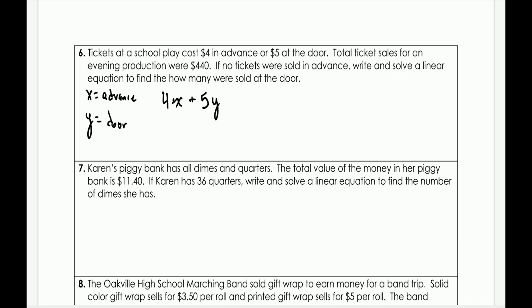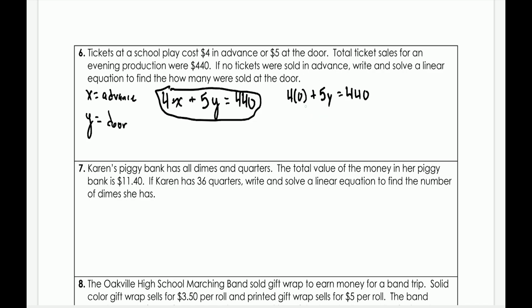Well, on this particular night, they made $440. So this is our equation that we can use. Now, if no tickets were sold in advance, in other words, x goes to 0, well, how many tickets were sold then? We can say 4 times 0 plus 5y is equal to 440.